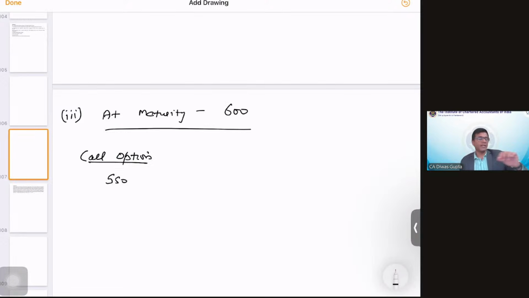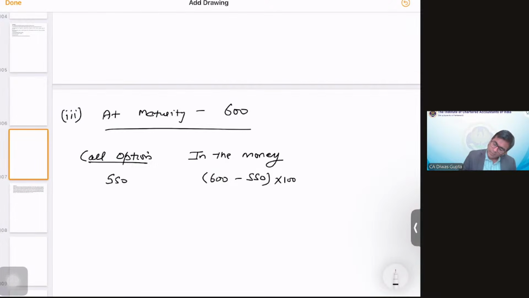The spot price is higher than the strike price. 600 minus 550 into 100, 5,000. 550 is the strike price.